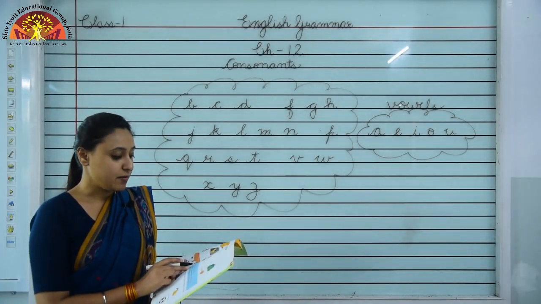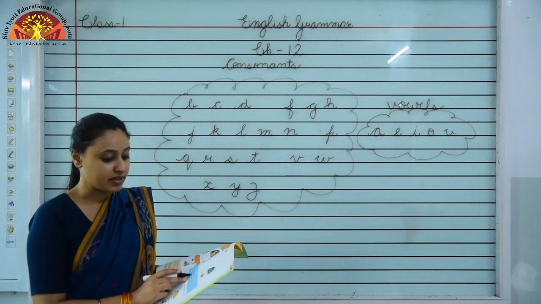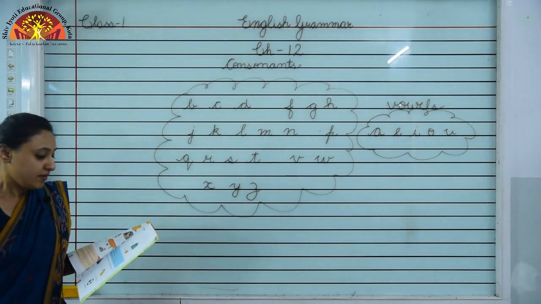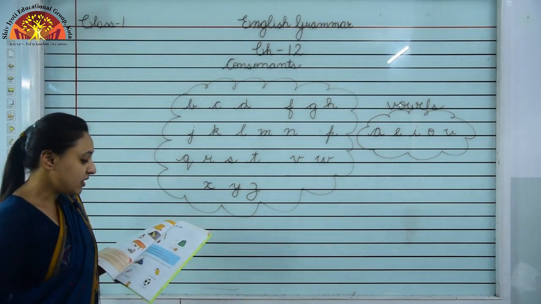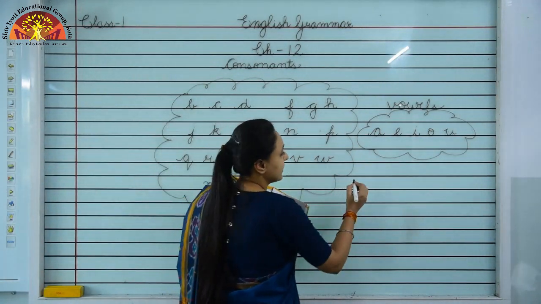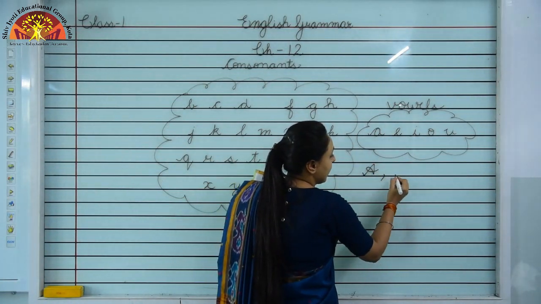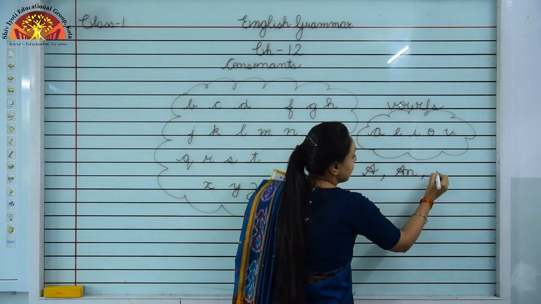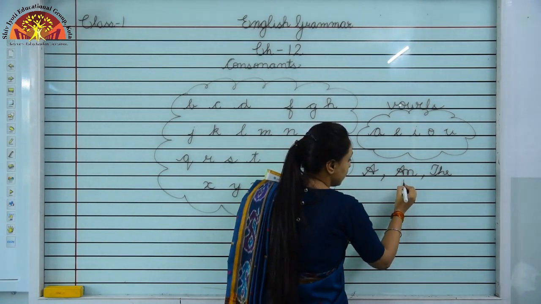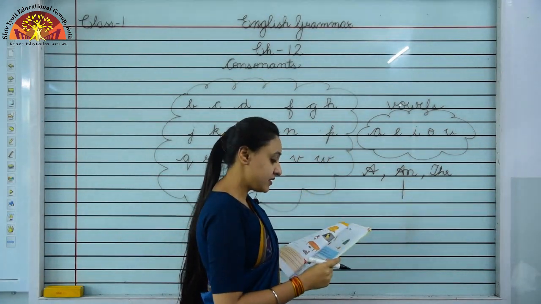We use an before naming words that begin with a vowel sound. So children, we use an before naming words that begin with a vowel sound. Okay, a, an and the.